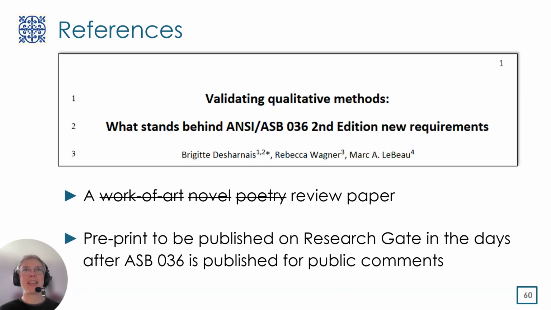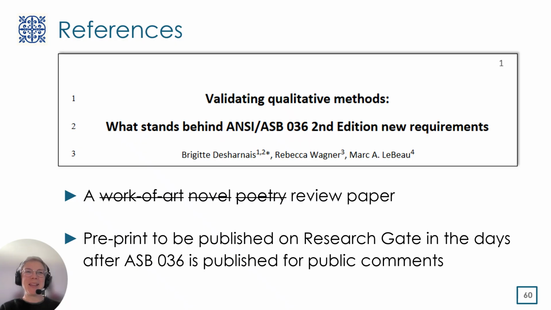And something that's upcoming is something that myself, Becky Wagner, and Mark LeBeau have written that is specifically designed to explain what stands behind the modifications that we did in ASB 036 second edition and how it can be applied with specific examples. As Mark would say, this is a work of art or poetry.